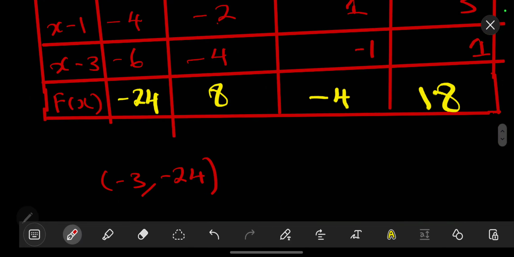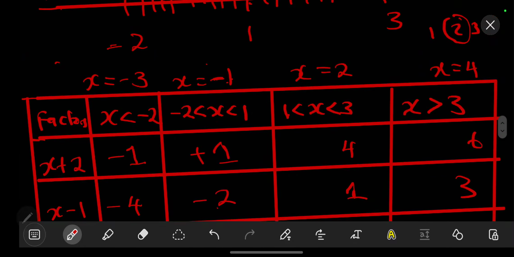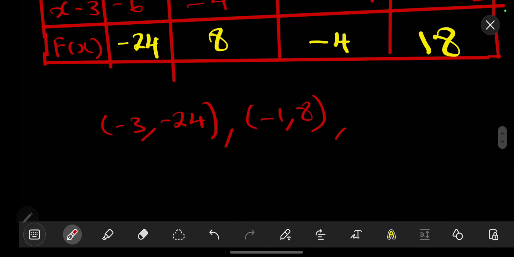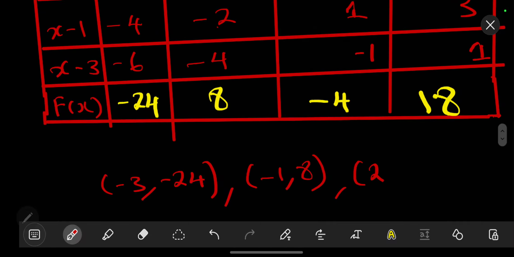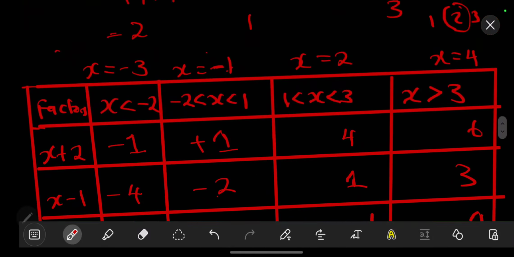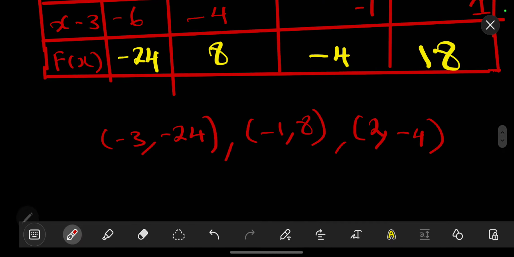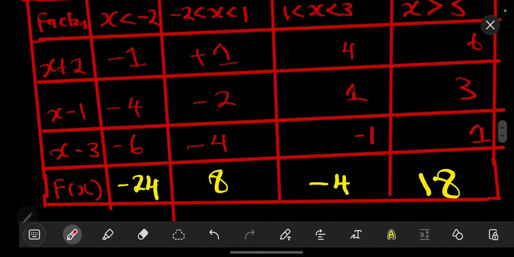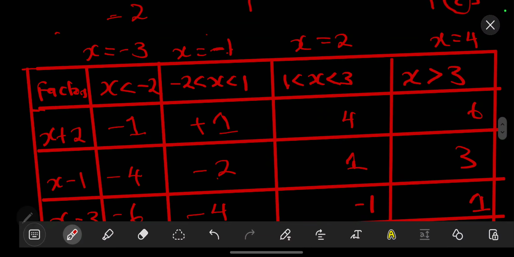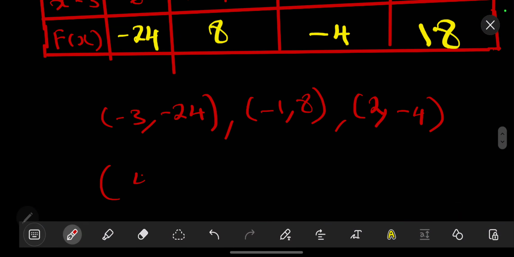So negative 1 is corresponding with 8. So negative 1 comma 8. Then we have our 2. Our 2 is corresponding with a negative 4. So we write a negative 4 like that. Then the last value that we have is a 4 corresponding with 18. So we have 4 with 18 like that.